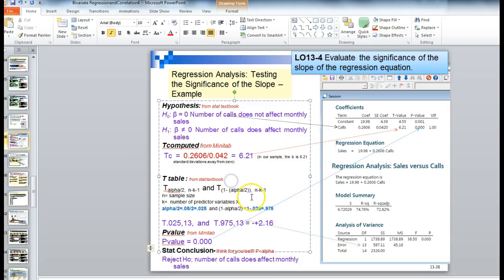The t-table we get from a stat textbook. Statisticians are really smart, and they have told us that our critical values are t alpha over 2, n minus k minus 1, and t 1 minus alpha over 2, n minus k minus 1.